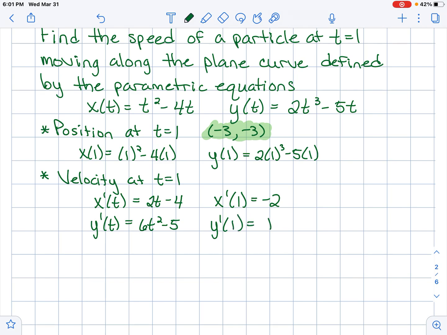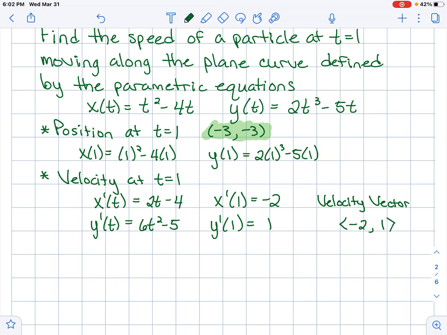So when I write the velocity, I write it as a vector. And I'll show you the vector in just a moment. But when I write the velocity, it's called the velocity vector. So the velocity vector for this parametric equation is written like this with a pointy bracket, negative 2, comma 1.